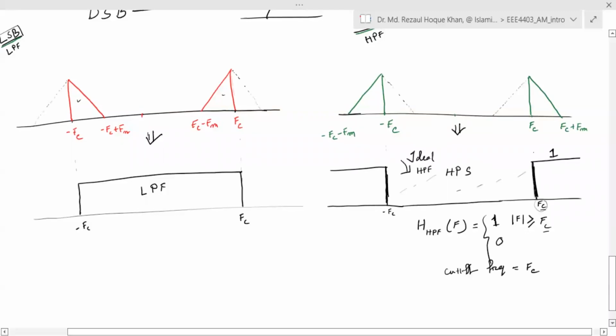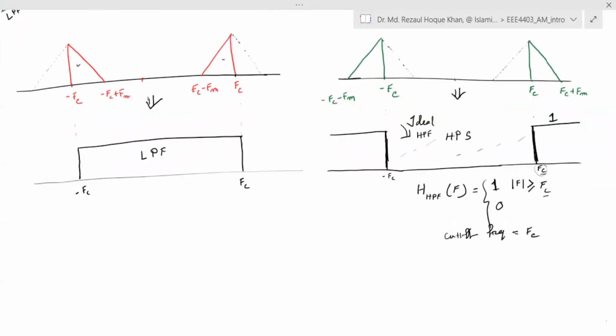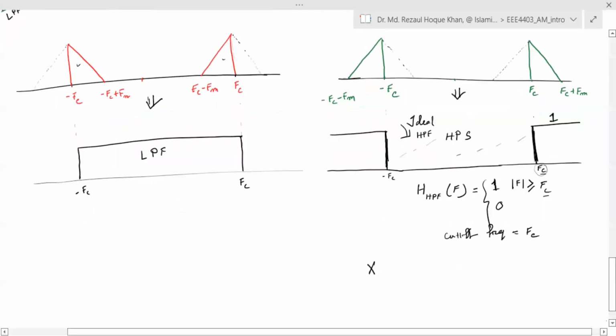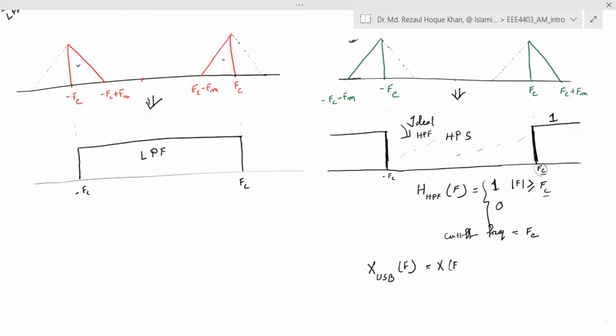So for the upper sideband, the transfer function of the upper sideband is nothing but what? This X of f multiplied by this transfer function, which is H high pass filter of f.